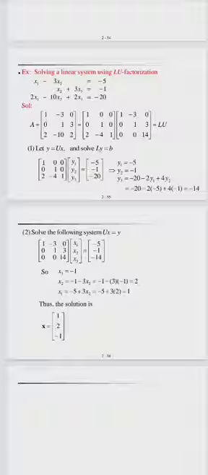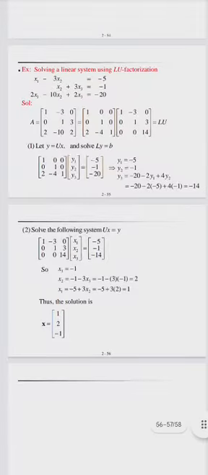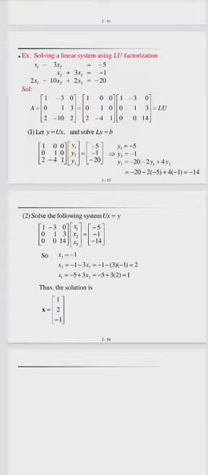Then write the equations, starting with the third row: 0 x1 + 0 x2 + 14 x3 = -14. Dividing by 14, x3 = -1.